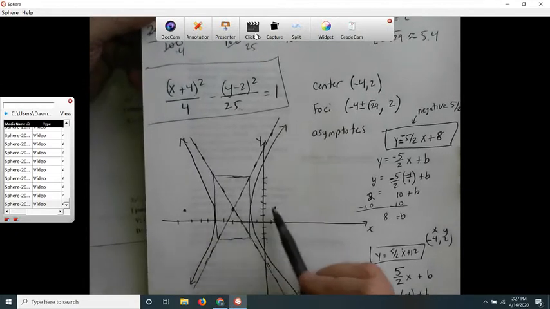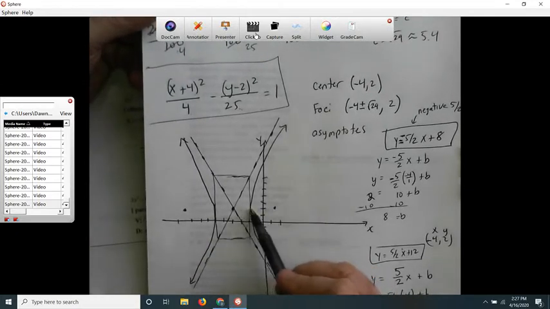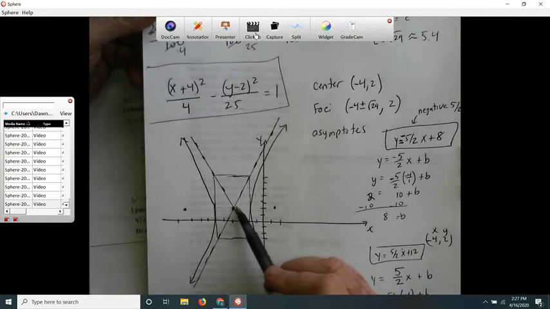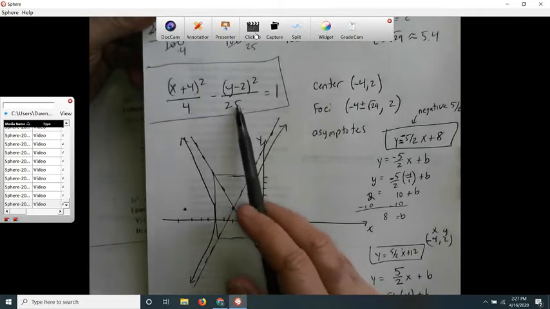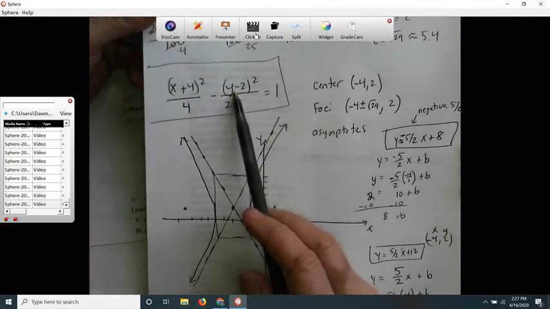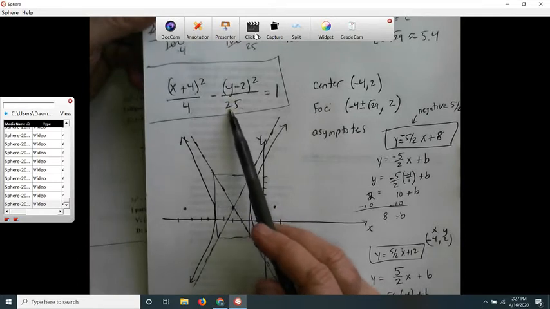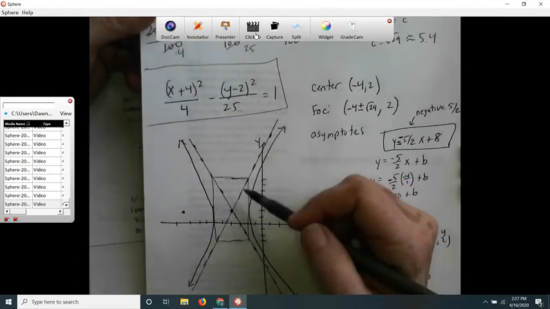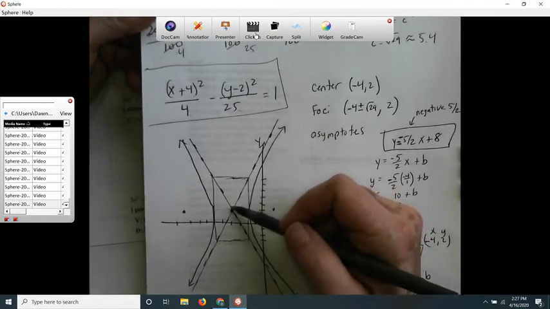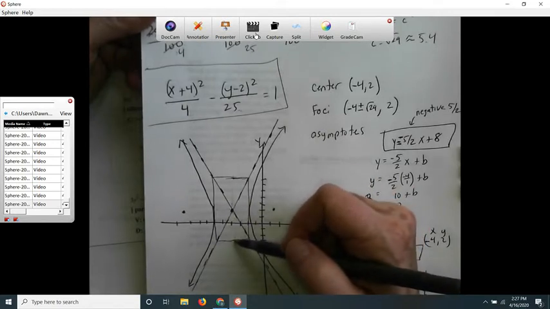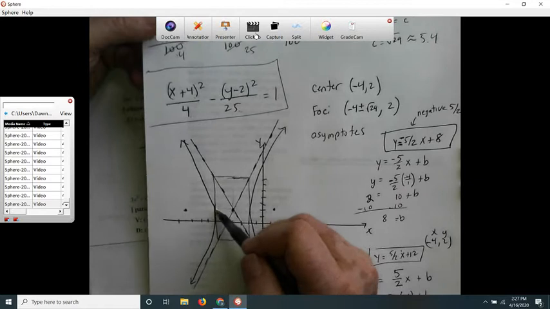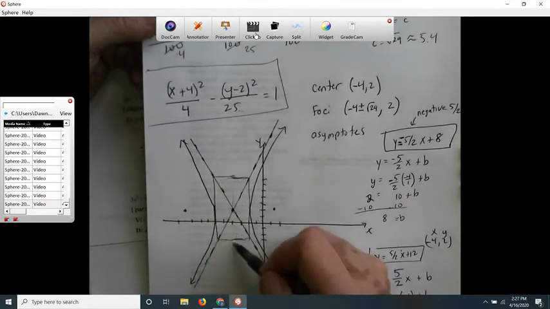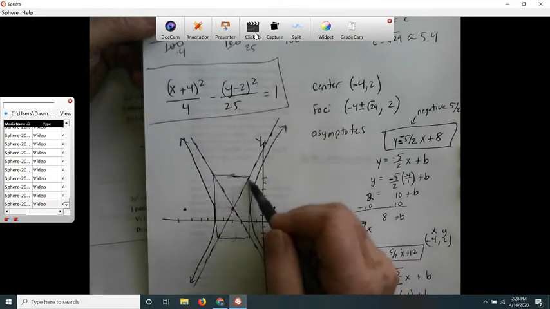So in the x direction, right and left, I need to go 2 from the center. So I went right 2 and left 2. This number tells me what to do in the y direction. So I take the square root of 25 and I go, no, that's 5, and I go up by 5 and down by 5.